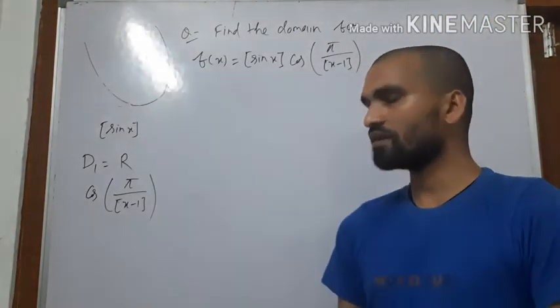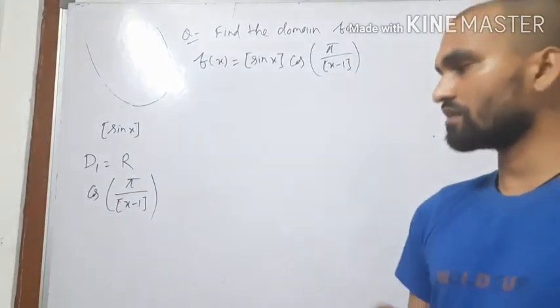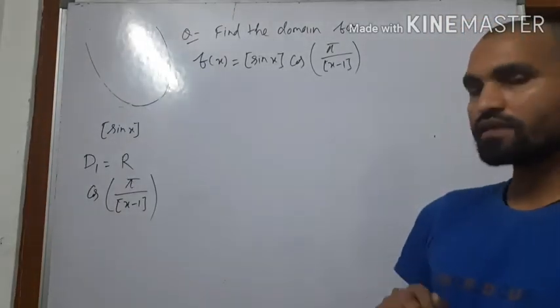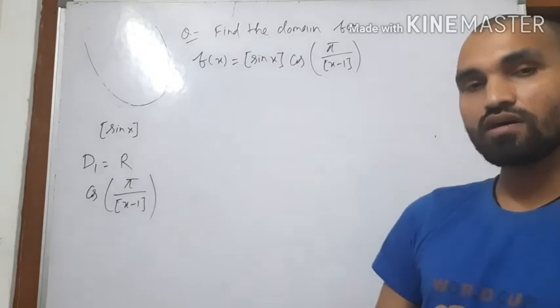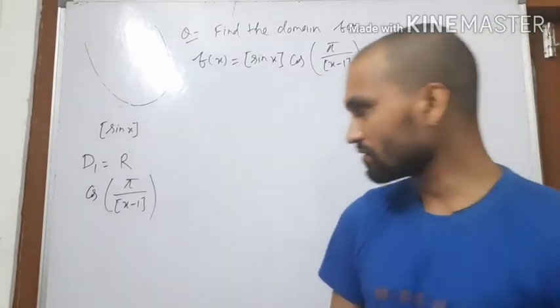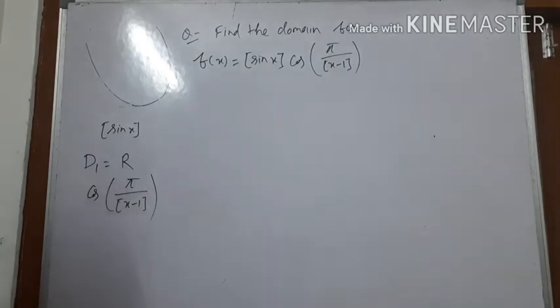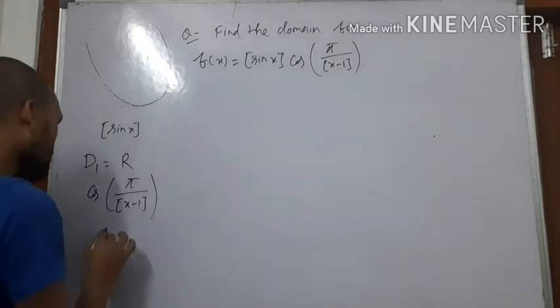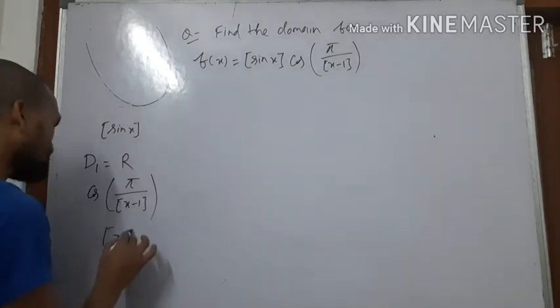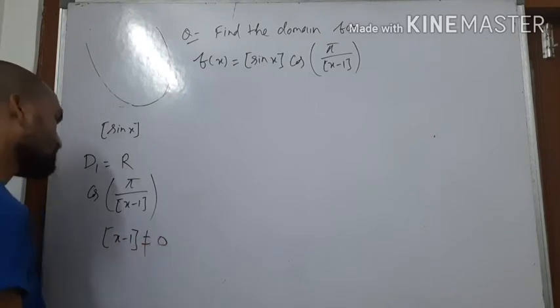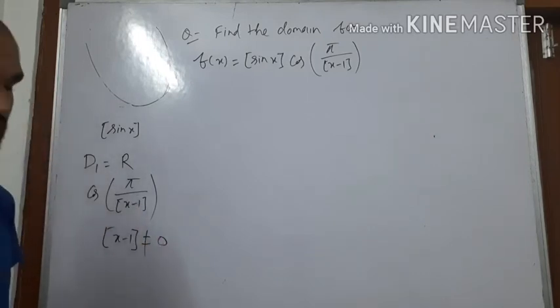So first of all we should apply the restriction that the greatest integer of x minus 1 should not equal 0, for a finite value of cos.